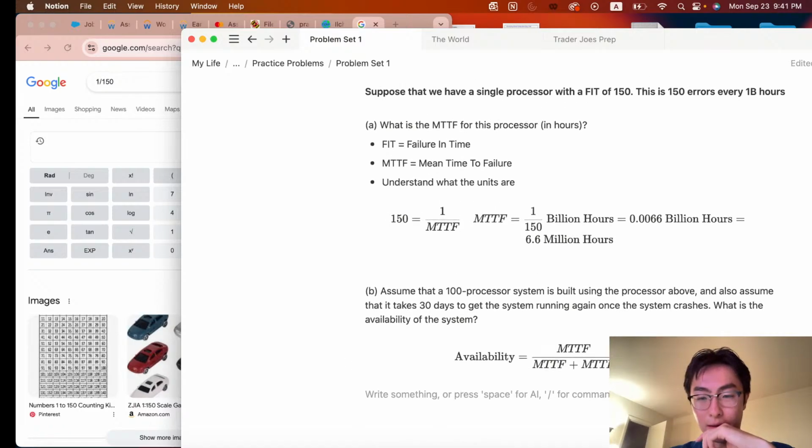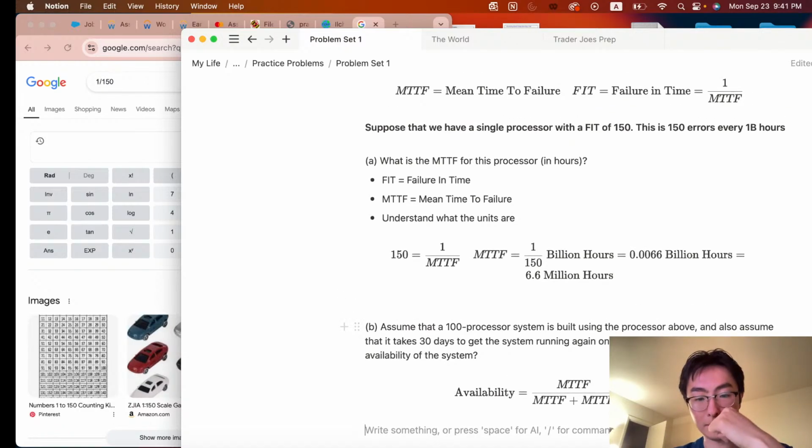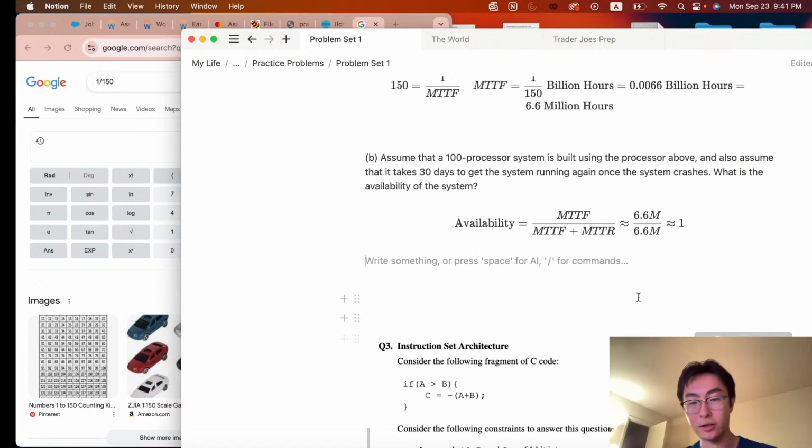That's really good. It takes a really long time to actually fail, so the system is pretty much readily available.